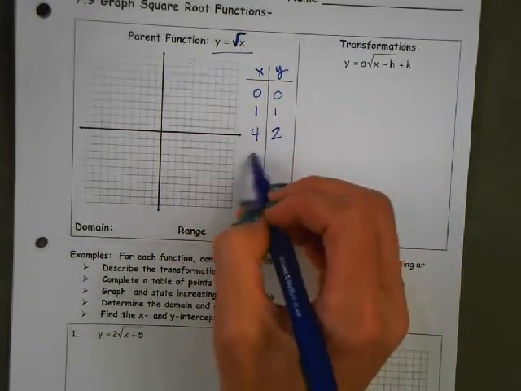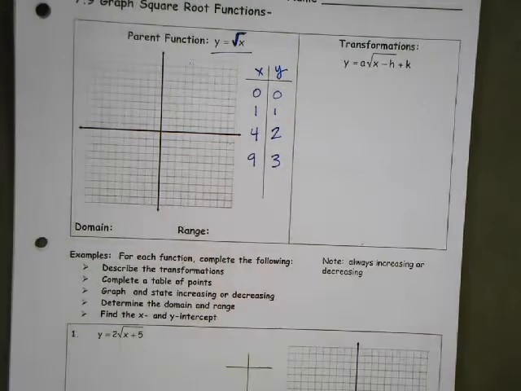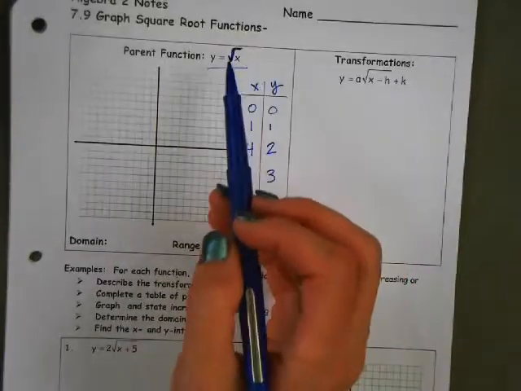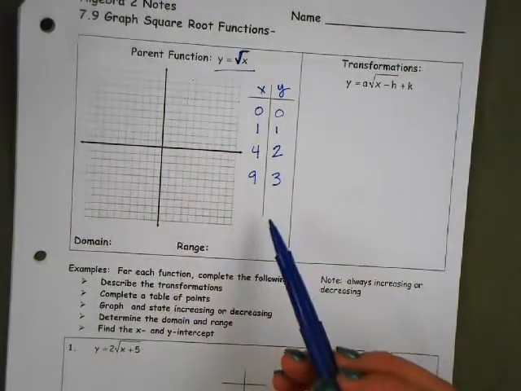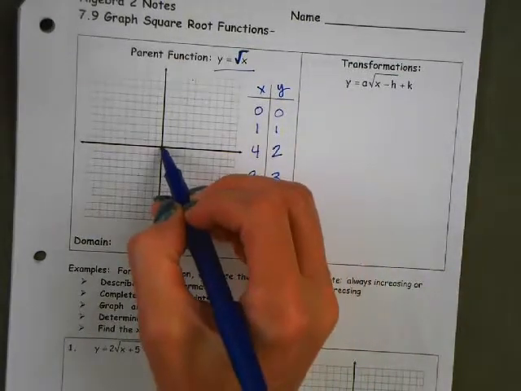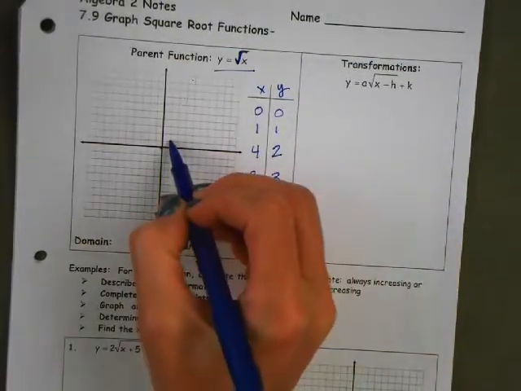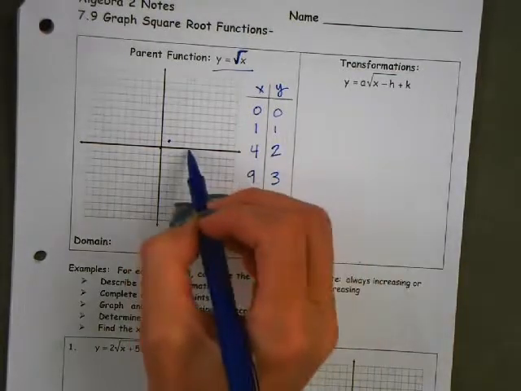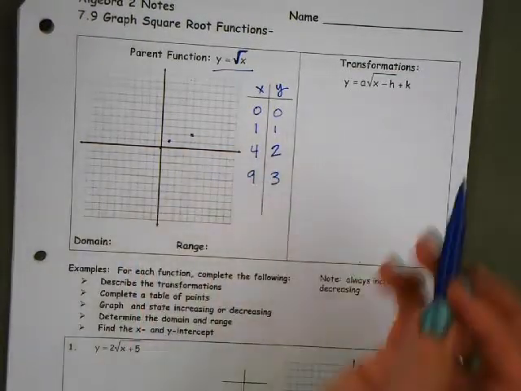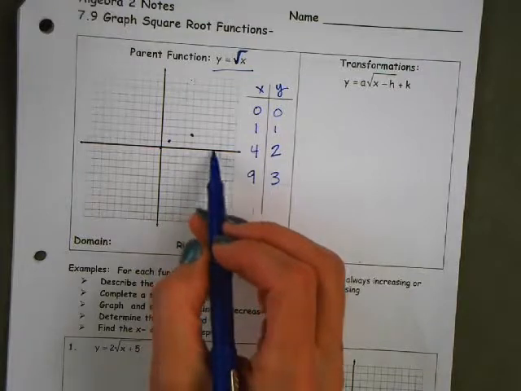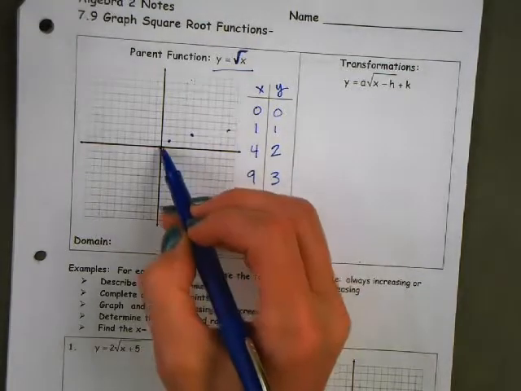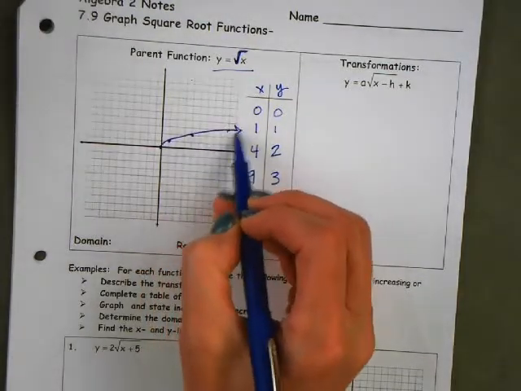If I put in 9, what's the square root? 3. Okay. So when I'm taking a square root function and I graph it, it's going to look something like this. 0, 0, 1, 1, 4, 2, and then 9, 3. And it looks something like this. Okay?